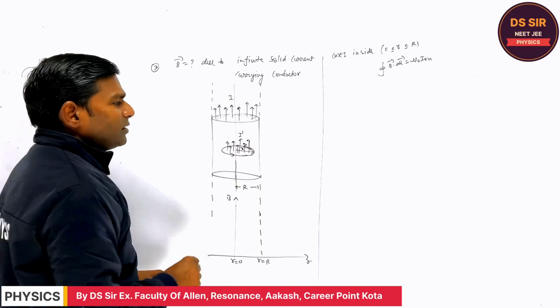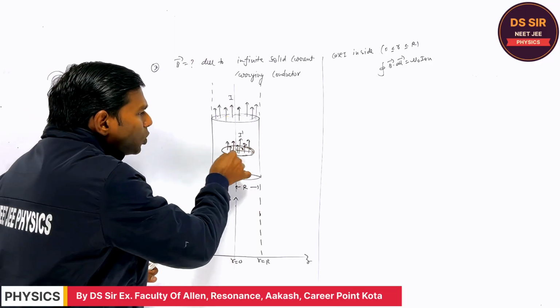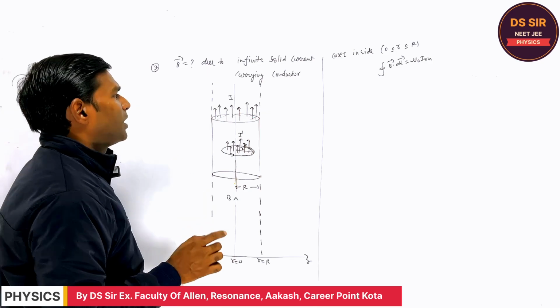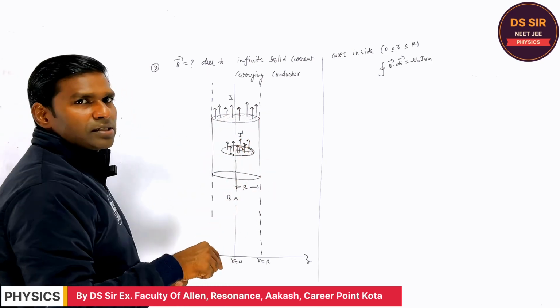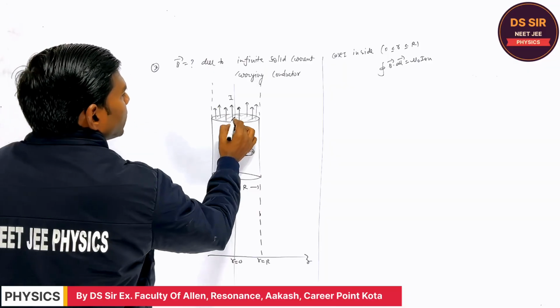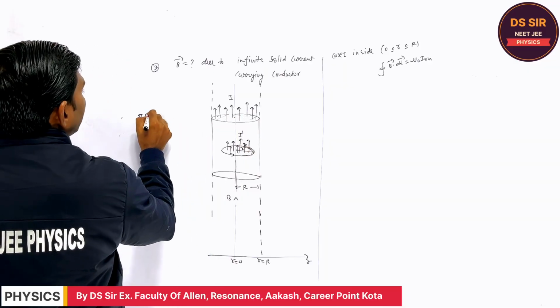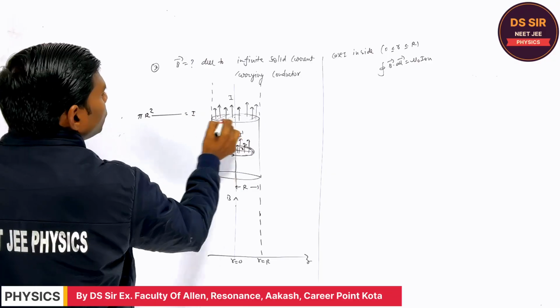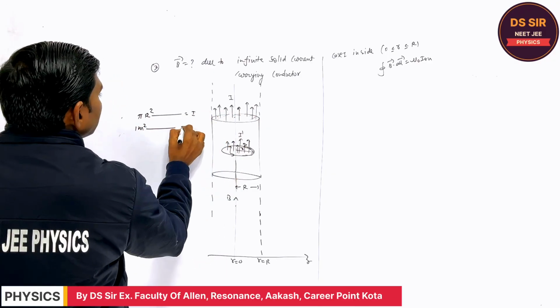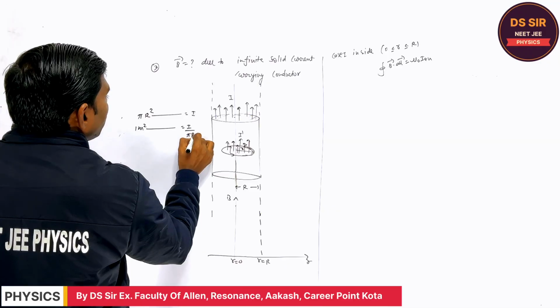And how to find this I dash enclosed in this Amperian loop? Using the unitary method. The current here is distributed over the area. On the area pi R square, the current distributed is I. So on 1 meter square area, the current is I upon pi R square.